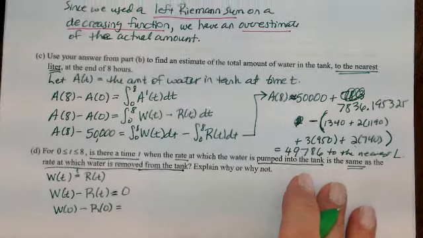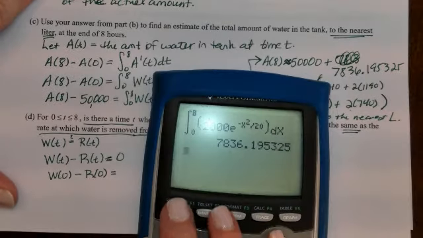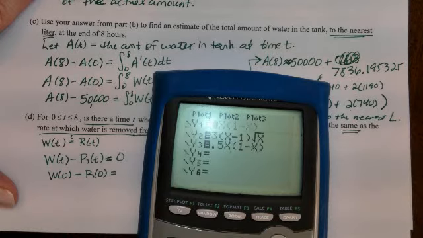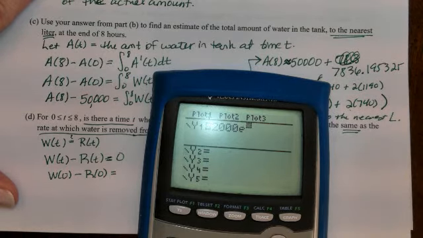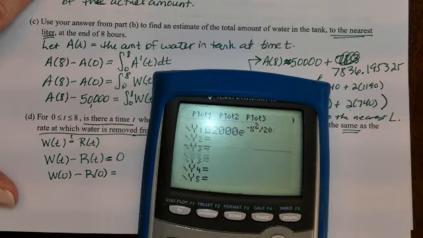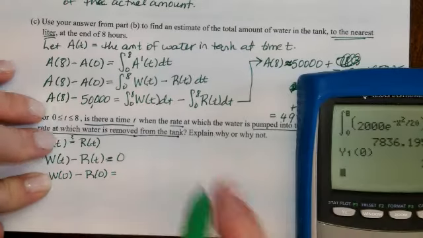I came to my calculator, and since I was going to be doing a couple of these, I went ahead and typed W of t in for y1, so 2000 e to the negative t squared over 20. And then I did y1 at 0. So y1 of 0 is 2000.